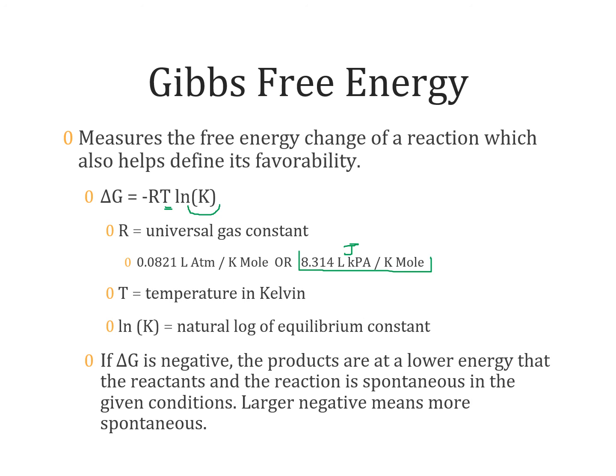Once you obtain the Kelvin, the K's will cancel out and you will have a number of joules per mole, and this is a constant, so there's no unit there, and your Gibbs free energy should be in terms of joules per mole. Alright, and so if your delta G is negative, then you know that products are being favored because they're at a lower energy than reactants, and vice versa.